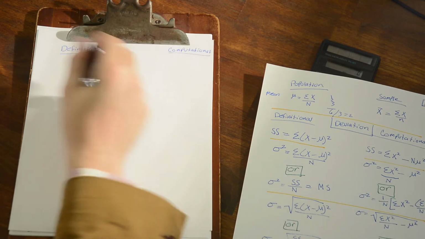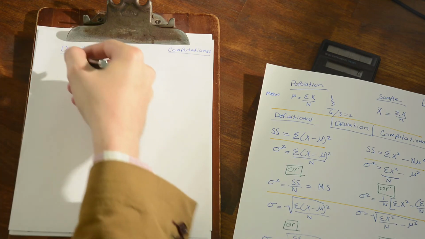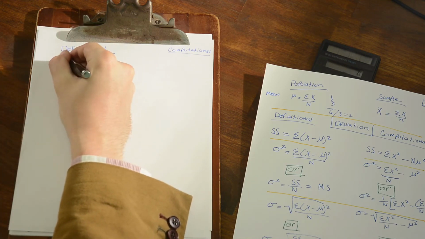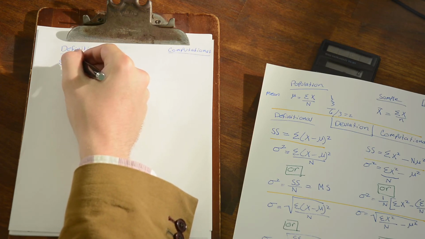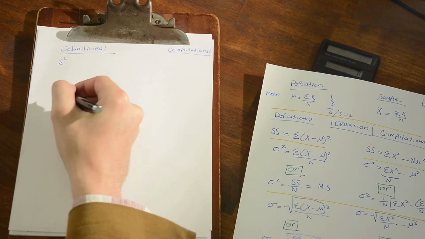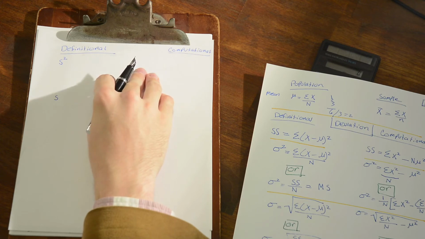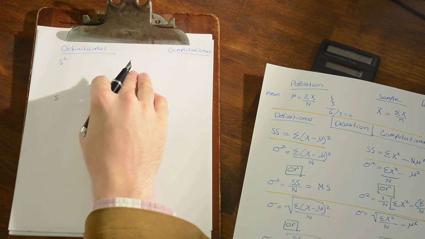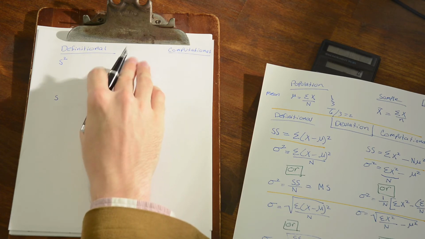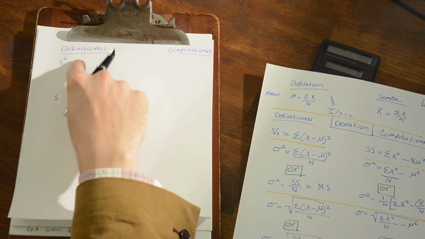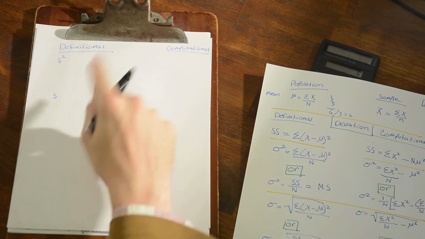For our definitional version of the formula, we are going to use s squared to represent our variance, and we're going to use s to represent our standard deviation. Note, I am not doing our sum of squares again because that does not change. It's a universal component, and we only need to make changes to our variance and to our standard deviation.